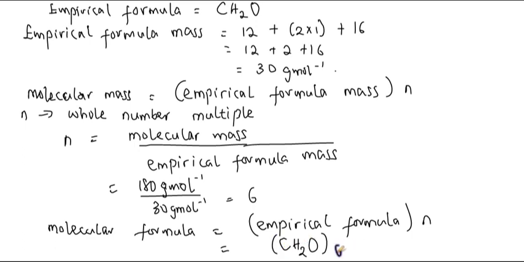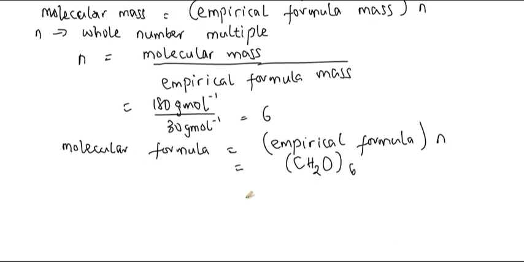So we have 6 here. To get the molecular formula, we will be multiplying each of the subscripts here by the multiple we have. So here I will have C, subscript of 1 times 6, I have 6. Then for hydrogen, which is H, I have 2 here as the subscript. 2 times 6, I have 12. And for oxygen, I have 1 as well. 1 times 6, I have 6. So the molecular formula of the compound is C6H12O6. So this simply shows that the molecular formula is a multiple of the empirical formula.